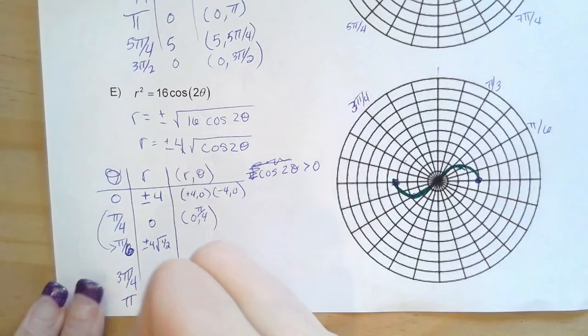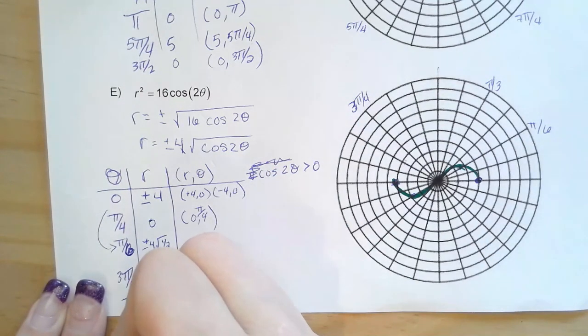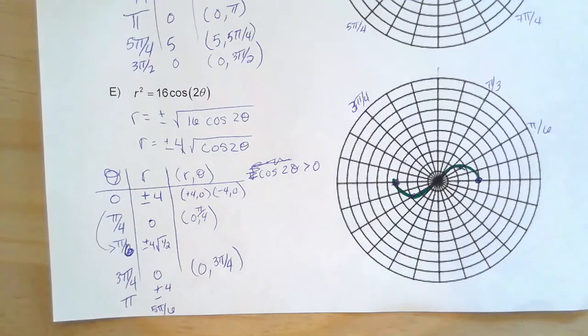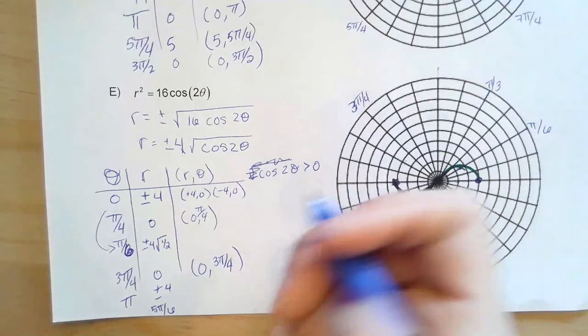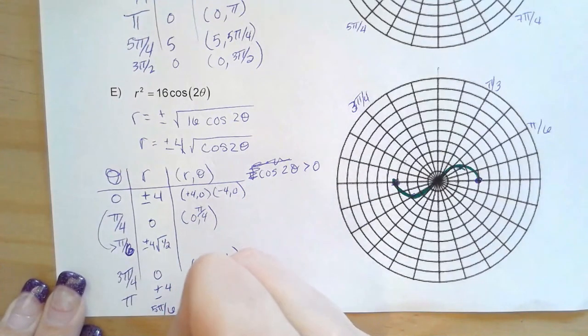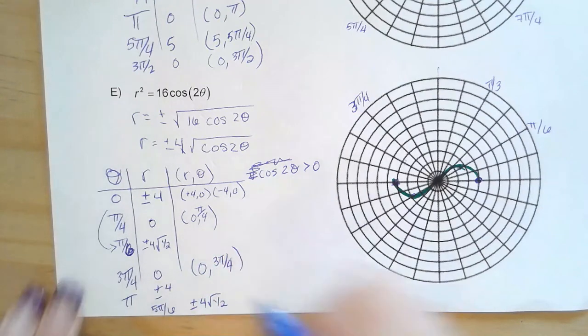So we're going to do the 5 pi over 6. Okay, so 5 pi over 6 times 2 is 5 pi over 3. Cosine of 5 pi over 3 is 1/2. Oh, we go back to this plus or minus 4 square root of 1/2.